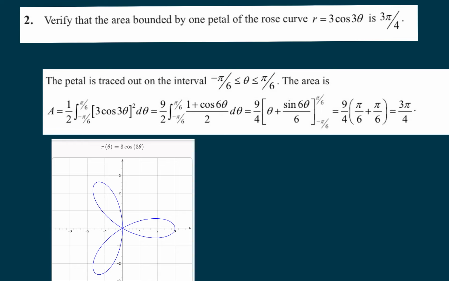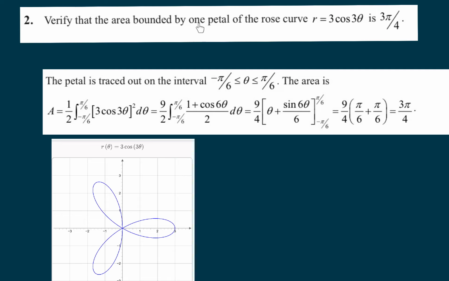Now, this problem says, verify that the area bounded by 1 petal of the rose curve. Wow, the rose curve. r of theta equals 3 cosine of 3 theta. So I'll go to my programs to save time, to plot this equation.